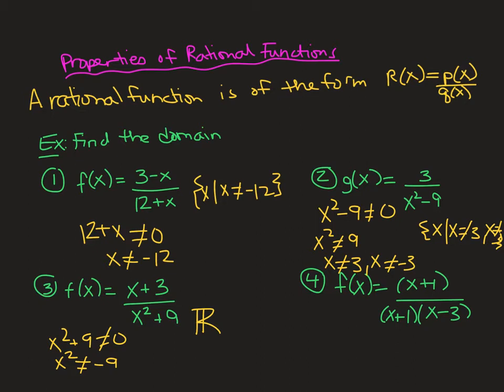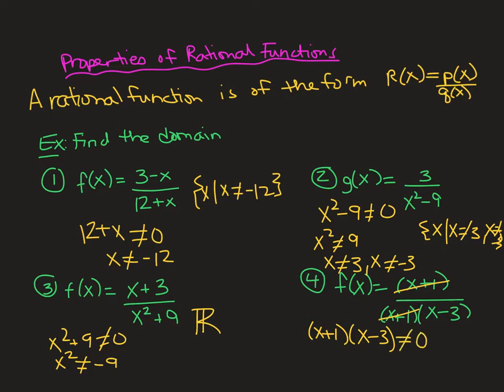4 is an interesting one. A lot of people notice that you can cancel out the x plus 1, which is nice. However, we still are going to be using that x plus 1 to determine what's not going to be in our domain. And we're going to talk a little bit more about problems like this later on.